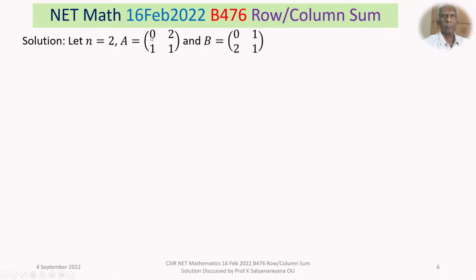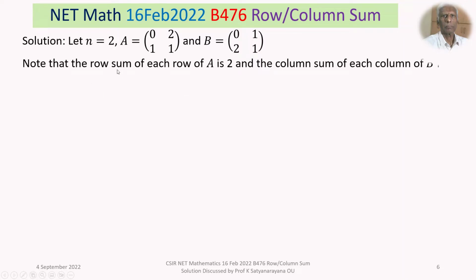So the first row sum is 2, the second row sum is 2, and B is 0 1, 2 1. The first column sum is 2, the second column sum is 2. So we note that the row sum of each row of A is 2 and the column sum of each column of B is 2.